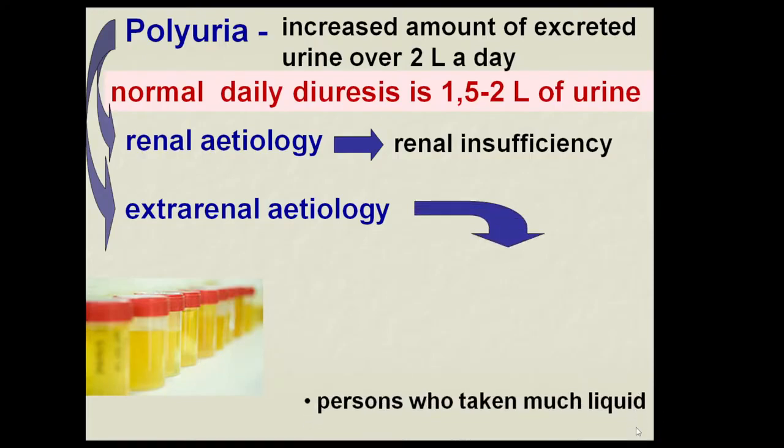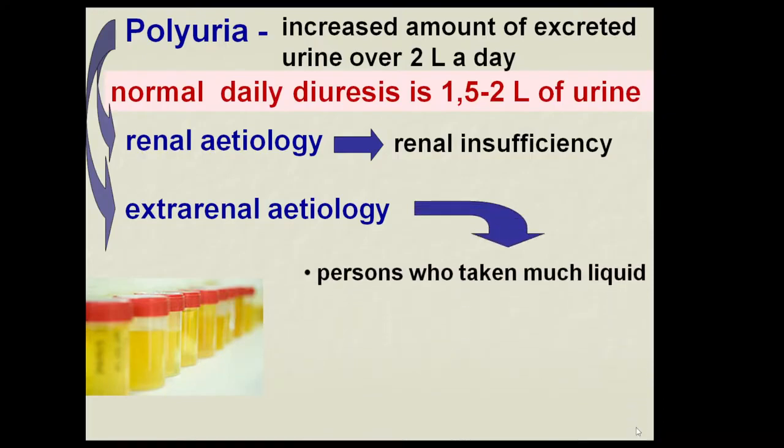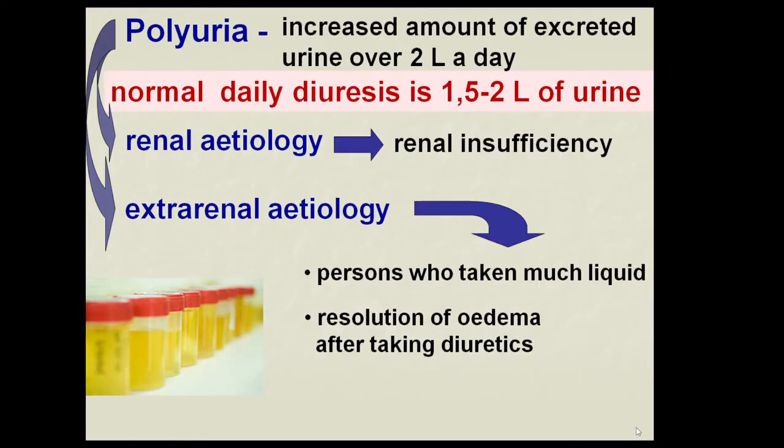Extrarenal etiology or physiological functional polyuria is characteristic for patients who take much liquid, because if we take in more than 2 liters of water, we will also excrete more than 2 liters. It is characteristic for resolution of edema after taking diuretic medicines, and it is the first symptom of diabetes mellitus.